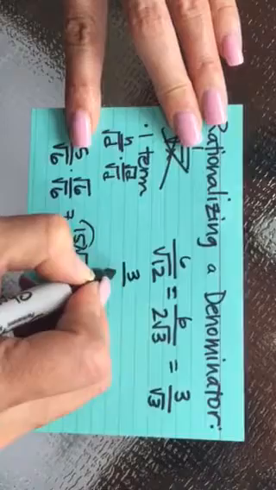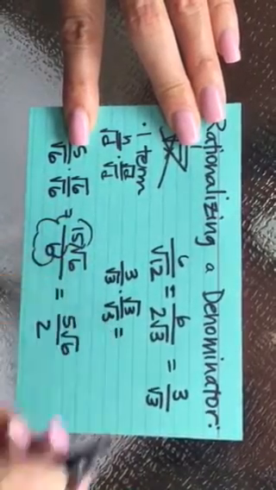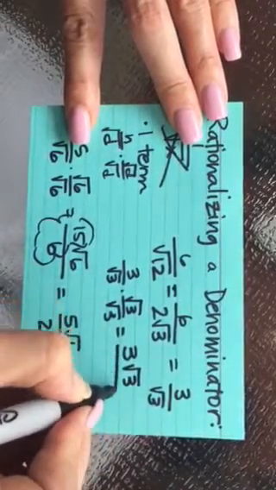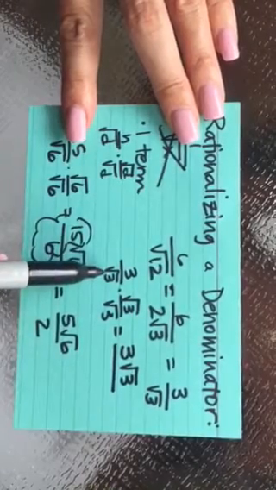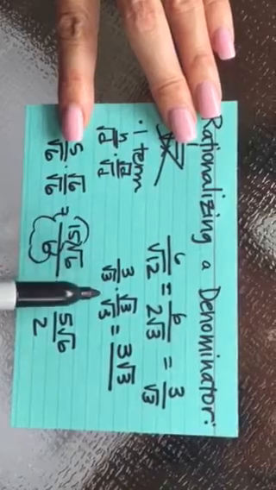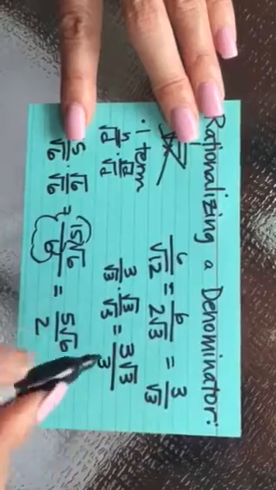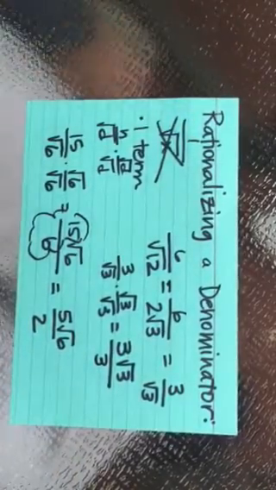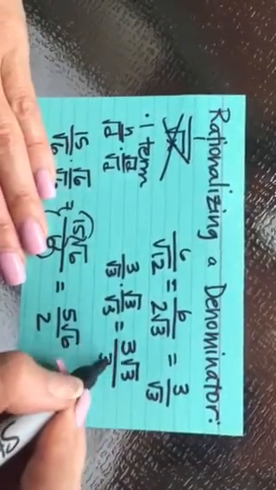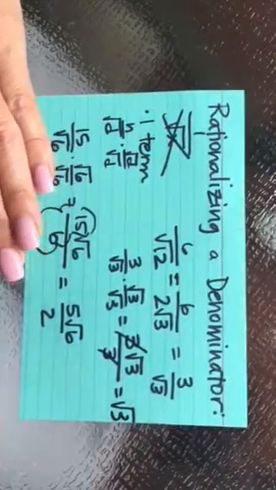So we have 3 over the square root of 3 times the square root of 3 over the square root of 3, which is 3 times the square root of 3 all over the square root of 3 times the square root of 3, which is the square root of 9, which is just 3. Or we talked about it earlier, the square root of 3 squared. That squaring undoes the square root. And now I have 3 over 3. Those cancel, and I'm left with just the square root of 3.